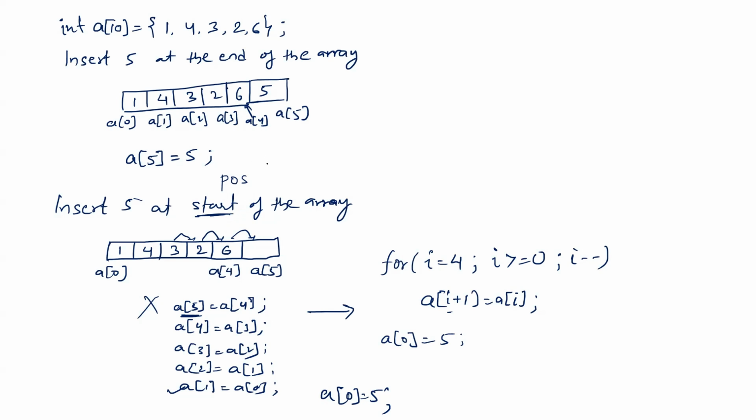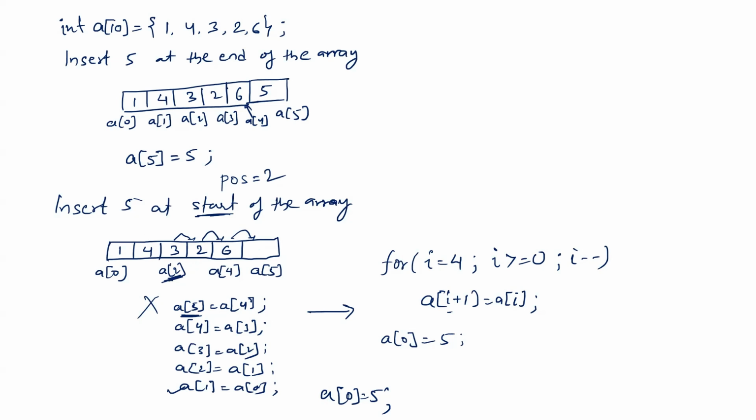Let's suppose I want to insert the number at index number 2, at this position. So we have to shift all the elements like we have done in the earlier case: 6 will come here, 2 will come at the position number 4, and 3 will come at the position number 3. And then instead of a of 2, I can write the value 5.